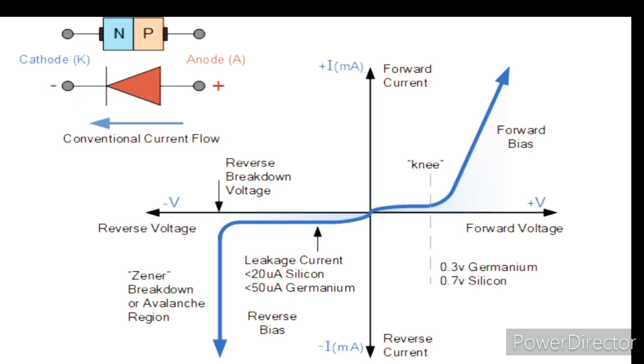In other words, in forward bias the diode acts as a closed switch, and in reverse bias it acts as an open switch. The barrier potential of germanium is 0.3 volt, and in silicon it is 0.7 volt.